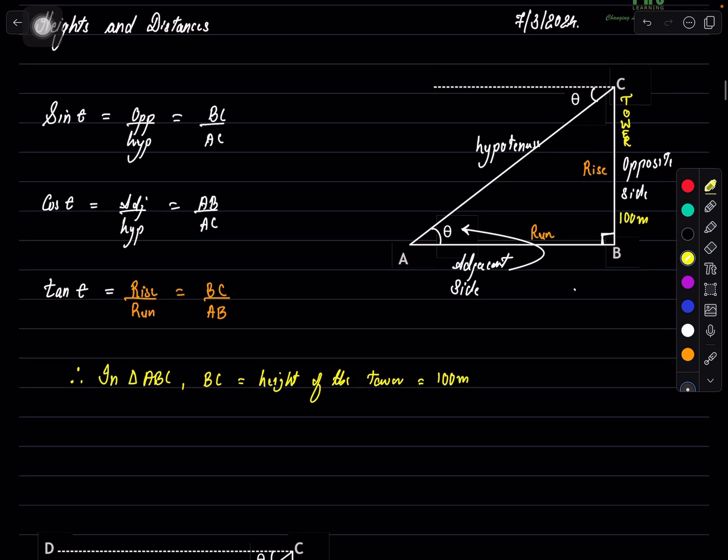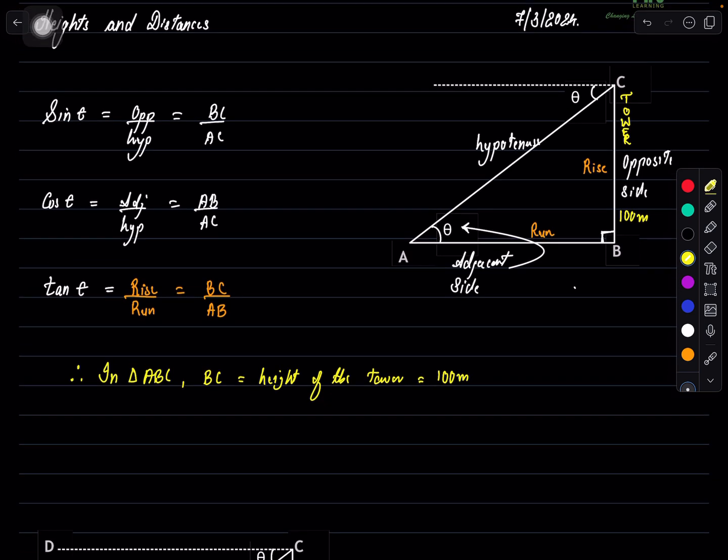In this case, our angle of elevation, in triangle ABC, is angle A, which is denoted by the Greek letter theta.